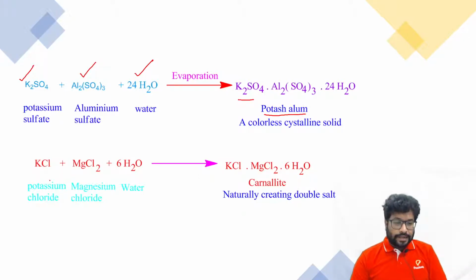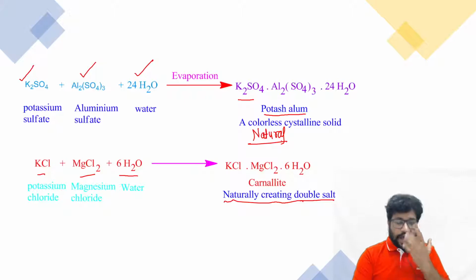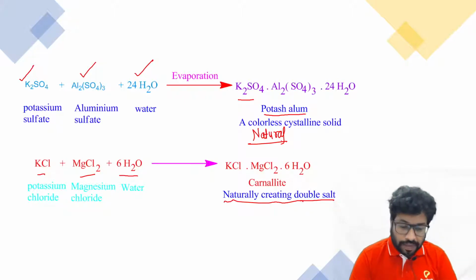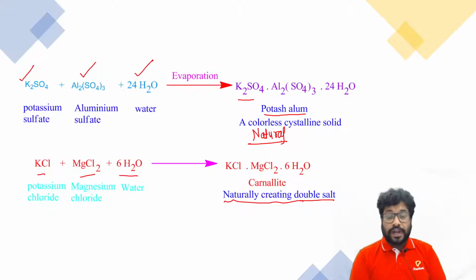Similarly, KCl and MgCl2 combined with water, again evaporation happens, and you get carnallite, naturally creating a double salt. In fact, this is also a natural double salt. That is how the double salts are actually made. I hope I was able to clear what double salts and simple salts are.